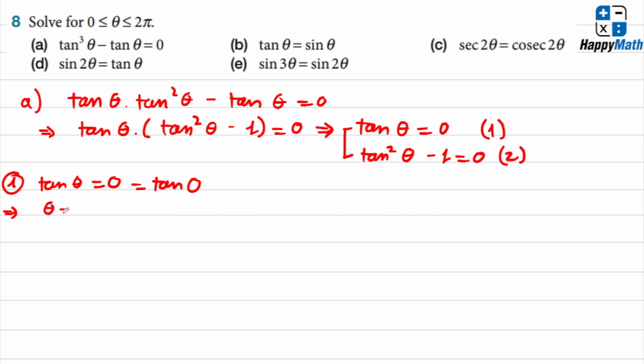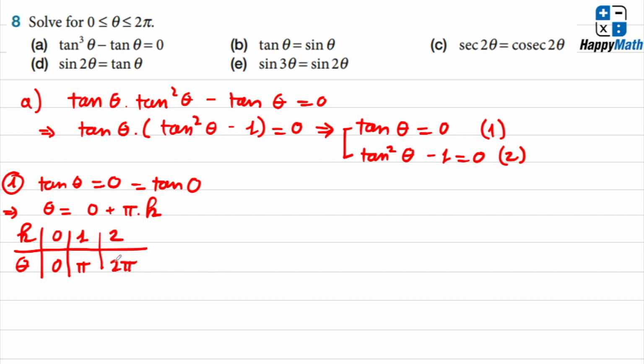And theta becomes 0 plus pi times k, and 0 to 2 pi means k here, and theta cannot be negative, so k has to be at least 0, a non-negative integer. When k is 0, theta is 0; for k equal to 1 it is pi, and for 2 it is 2 pi. Yeah, that's it. We have three solutions for the first equation.